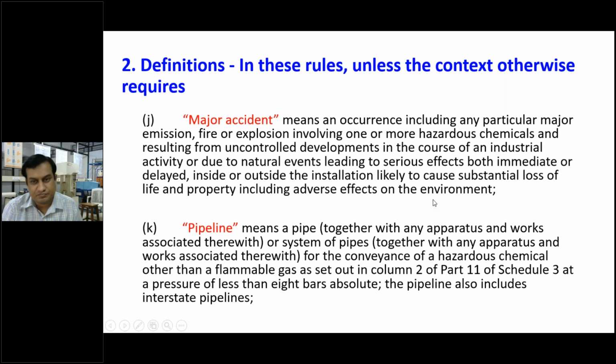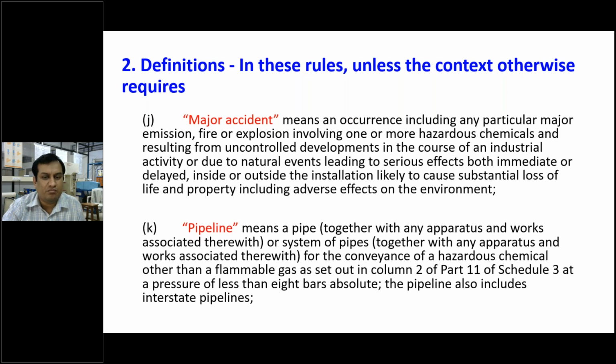So this definition clearly includes fire or explosion or some major emissions. So whatever the accidents which may affect life, the environment, or cause material loss, all these criteria are nothing but a major accident.